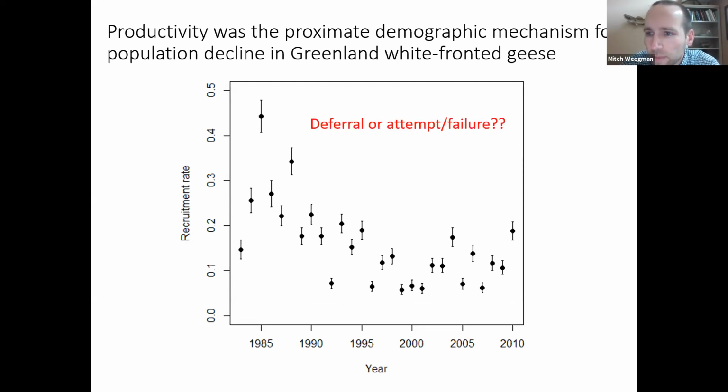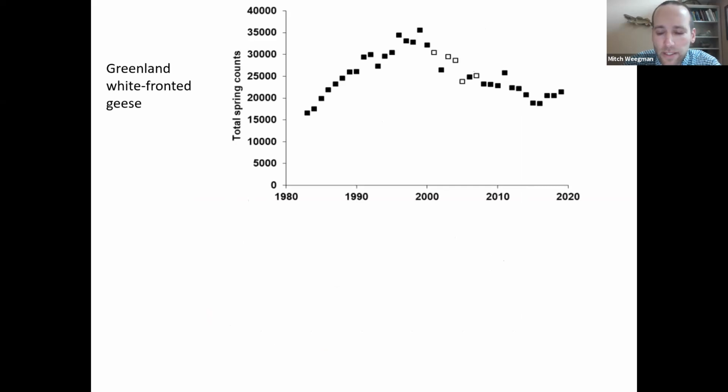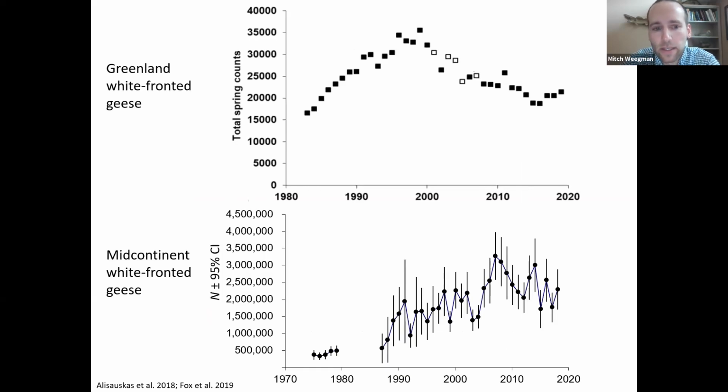But the demographic side of things doesn't really allow us to get at deferral or attempt and failure. And so for this, we chose to study two populations of greater white-fronted geese, the declining Greenland population and an increasing mid-continent white-fronted goose population, the birds that we see in the mid-continent of North America, which have increased over the entire time series that we're studying the Greenland birds.